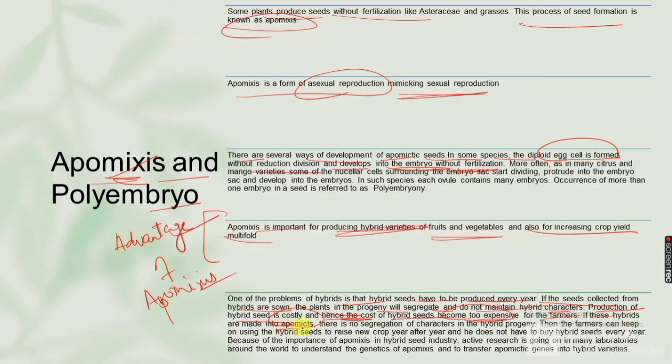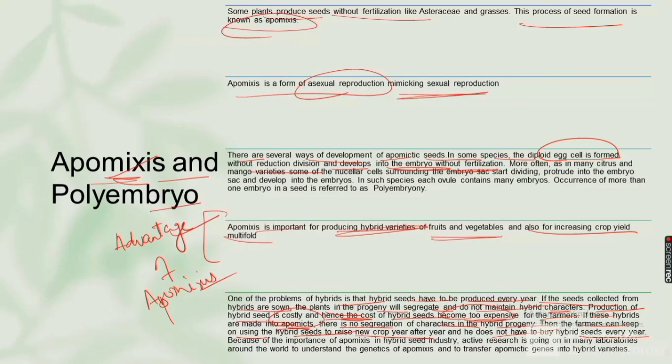If these hybrids are made into apomicts, there is no segregation of characters in the hybrid progeny, and the farmers can keep on using the hybrid seeds to raise a new crop year after year, without having to buy costly hybrid seeds every year.